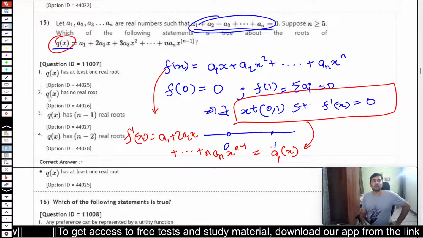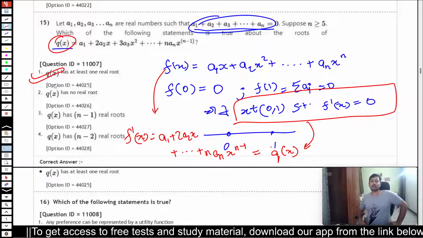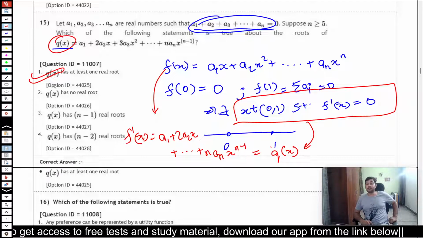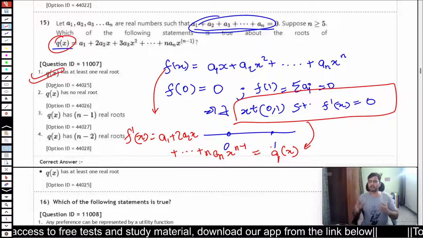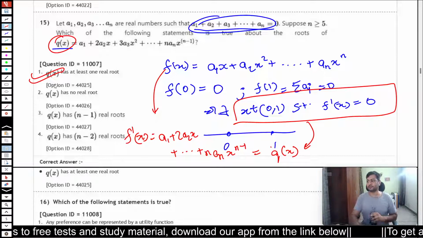So q of x has at least one root. I cannot comment on whether it has more than one root, but I can say with conviction कि at least one root तो है.